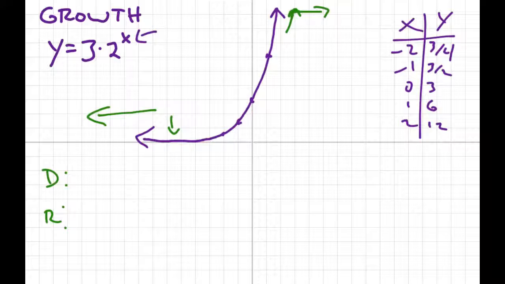So if this graph is going to go to the left and to the right, then I know that my domain is all real numbers. My range, well, it's going up forever, infinitely. But when I go down here, like I said before, it's going to get close to the x-axis but never touch it. So it's getting close to 0, but it never quite gets there. So my y values are going to be all the y values greater than 0. That's my domain and range.